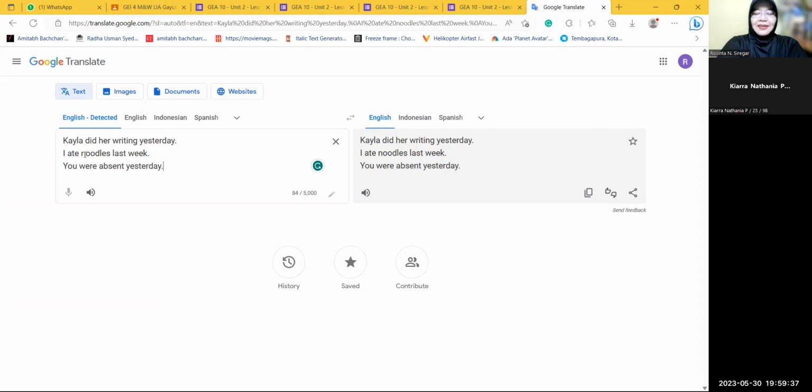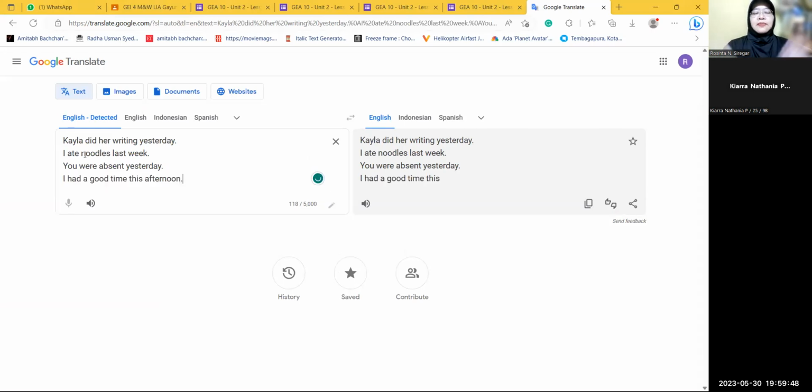One more. Okay. I had a good time this afternoon. So if it's verb three, I have to turn it into verb two. This is verb two, I had. This is still verb two.